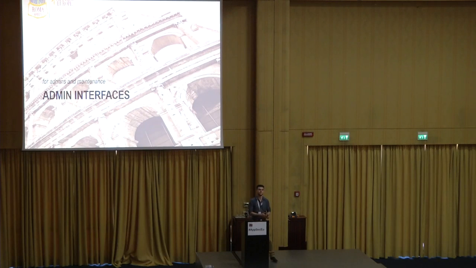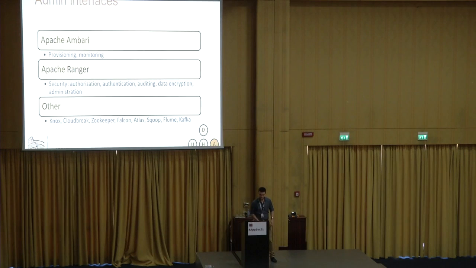So let's look at the administrative interfaces. As I mentioned, there are the two most known. This is Ambari, which is actually used for provisioning and monitoring. It displays all the clusters, all the nodes, and you can view all the data there. And Apache Ranger. And Ranger is interesting software.